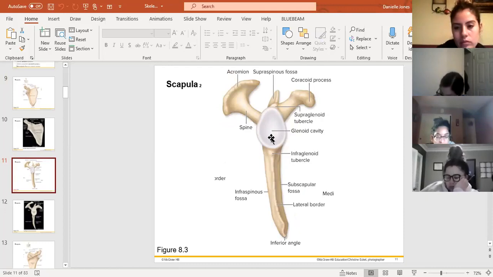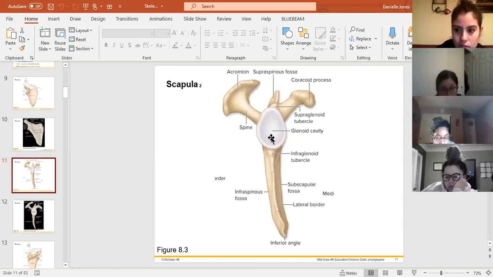Now the glenoid cavity is going to help make up the glenohumeral joint. Here we have the glenohumeral joint because we're taking the humerus and the glenoid cavity and combining the two.